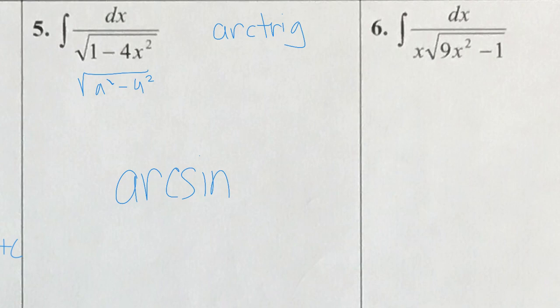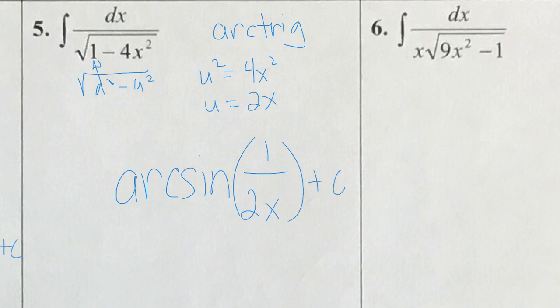Okay, arc sine. So our a value is 1, and our u value is going to be, let's see, u squared equals 4x. So u has to be 2x, right, when you take the square root. So arc sine of 2x plus c. So when you recognize these things, right, the antiderivative is pretty simple.